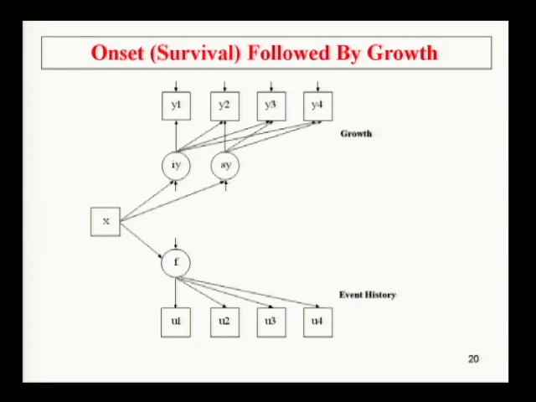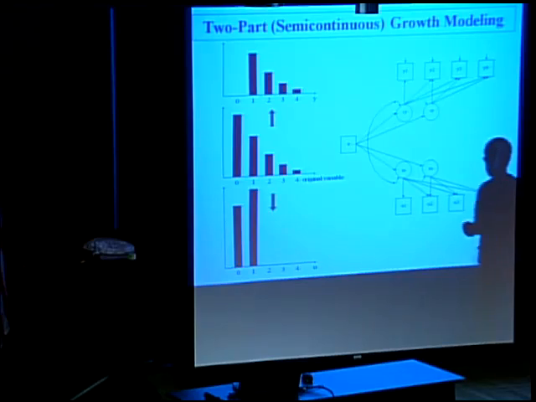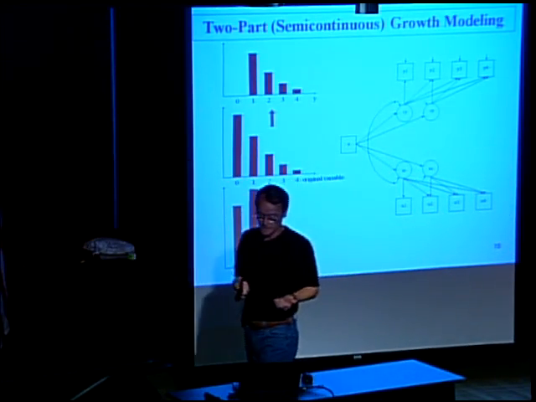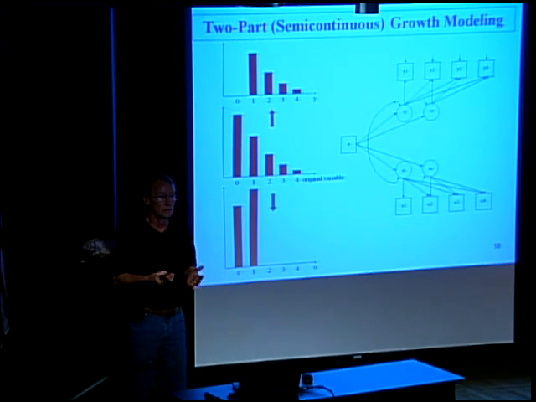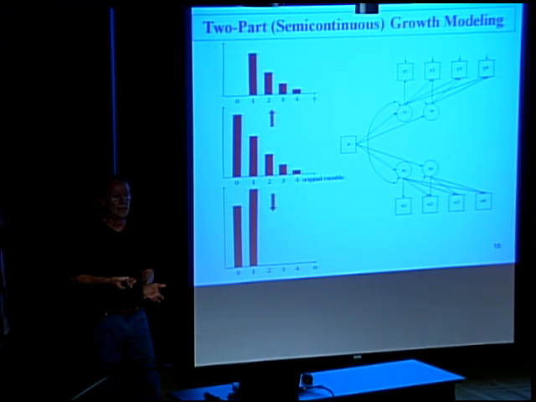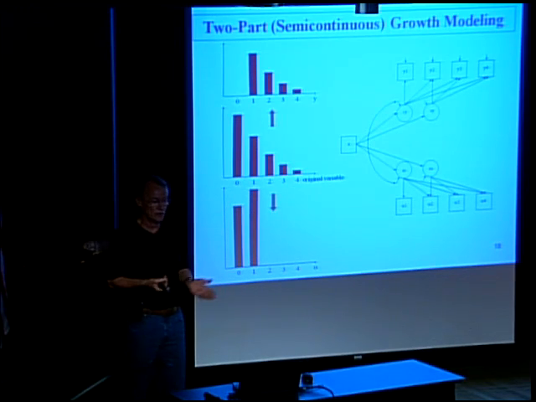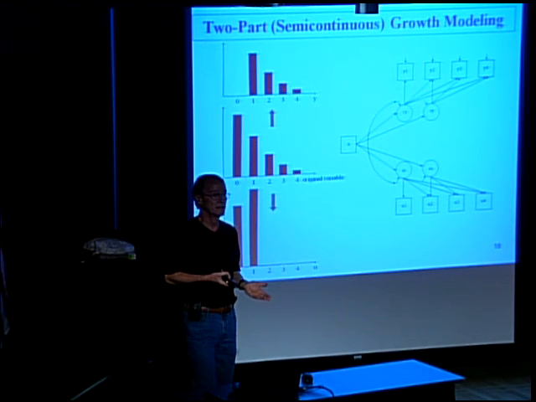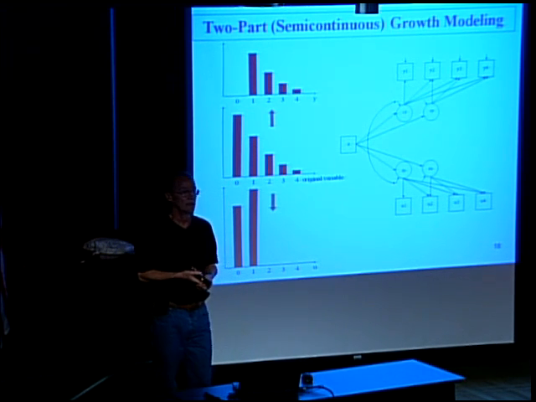And there are special difficulties for behavioral data, because the definition of onset, although that's relatively straightforward when you're talking about tumor growth in mice, has a tumor started growing or not, it might be harder to define what onset is in behavioral studies.